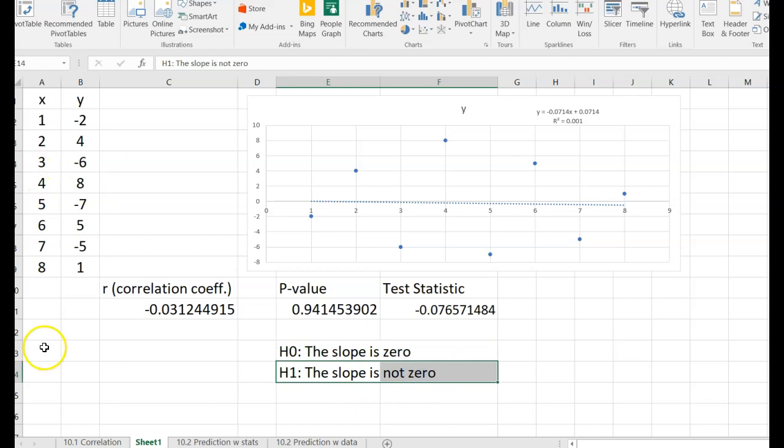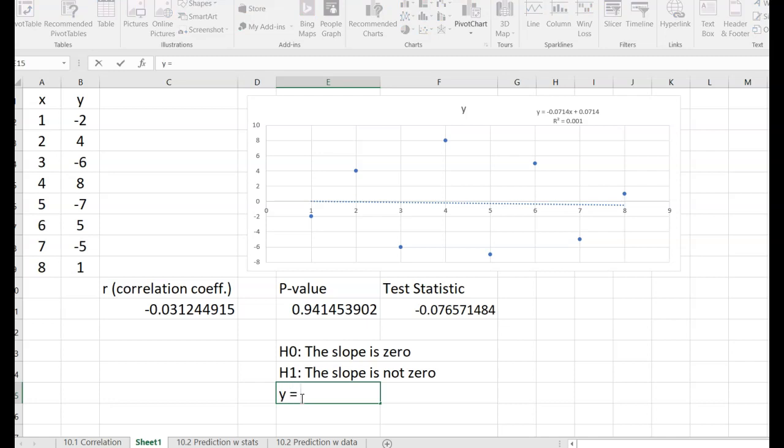Within our sample, we show that under the assumption that the slope is 0, we are getting a sample that has a slope that is significantly not 0. But with our sample, our line was y equals negative 0.0714x plus 0.0714.